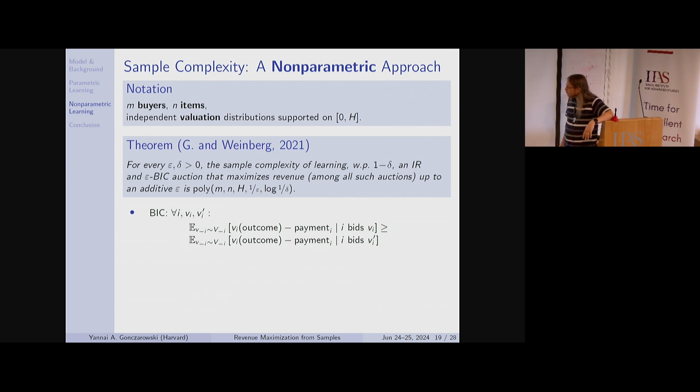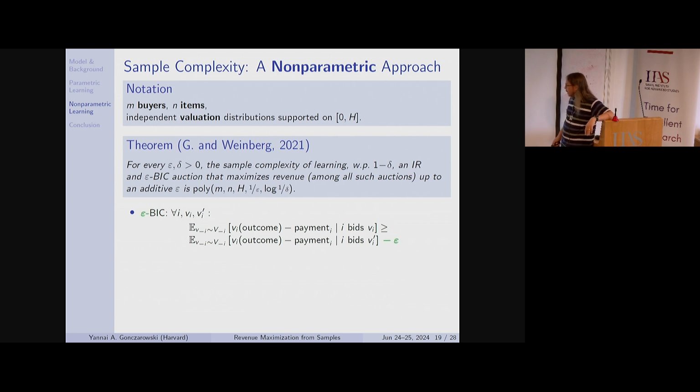Bayesian incentive compatibility, we defined, we said, my expected utility as a buyer, in expectation over everyone else's bids, if I bid truthfully, is at least as high as my expected utility in expectation over everyone else's bids if I bid something else.